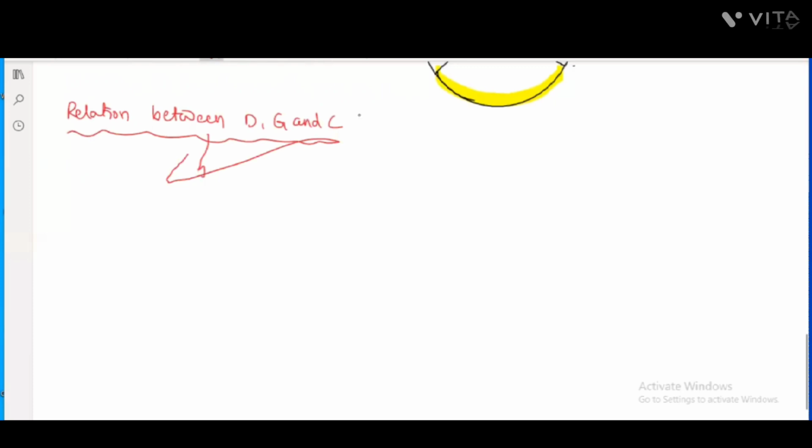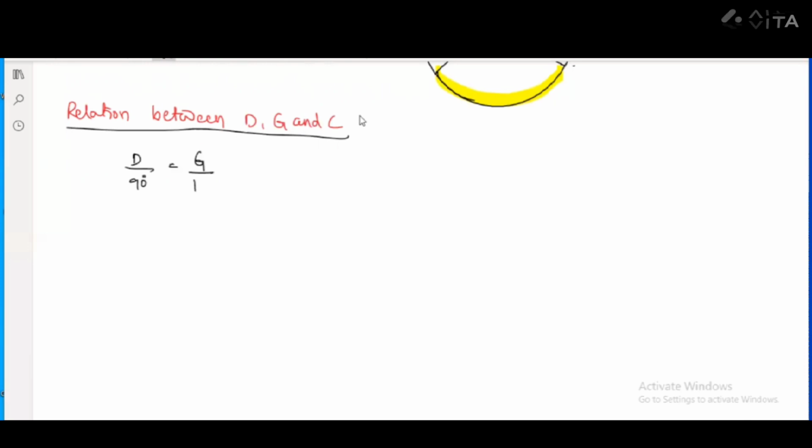The relation is D by 90 is equal to G by 100 is equal to C by pi by 2.